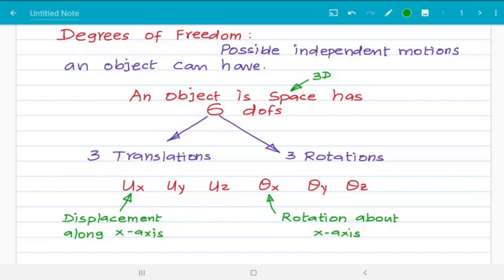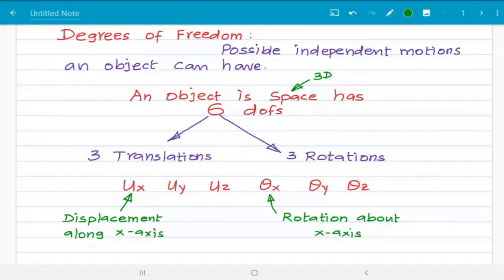Details about degrees of freedom: possible motions for an object is nothing but degrees of freedom. Maximum 6 possible motions, 3 translations, 3 rotations. Translation means displacements.